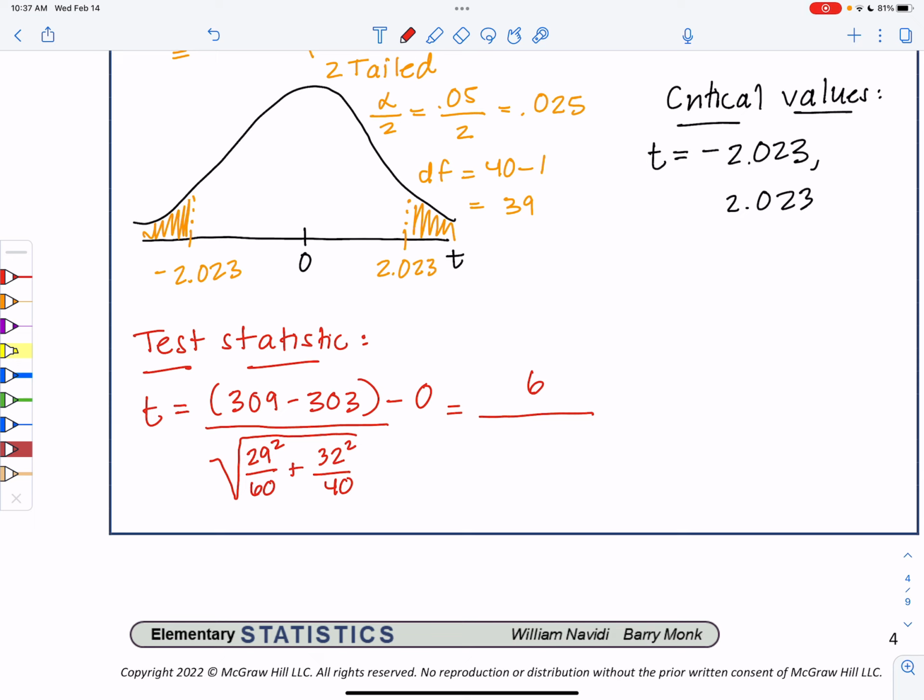I can calculate this all in one step if I use parentheses, or if you want to do it in 2 steps, just be careful about your rounding. For that bottom value, I'm looking at the square root of 29 squared divided by 60 plus 32 squared divided by 40.